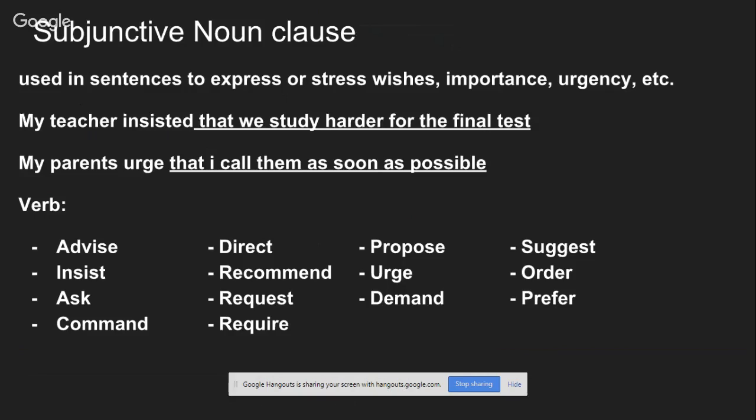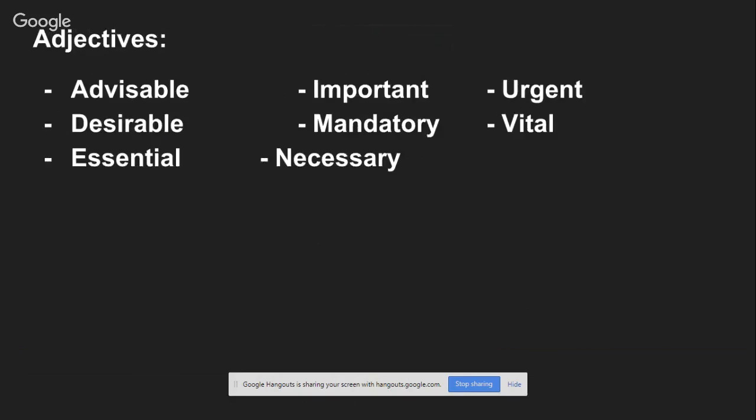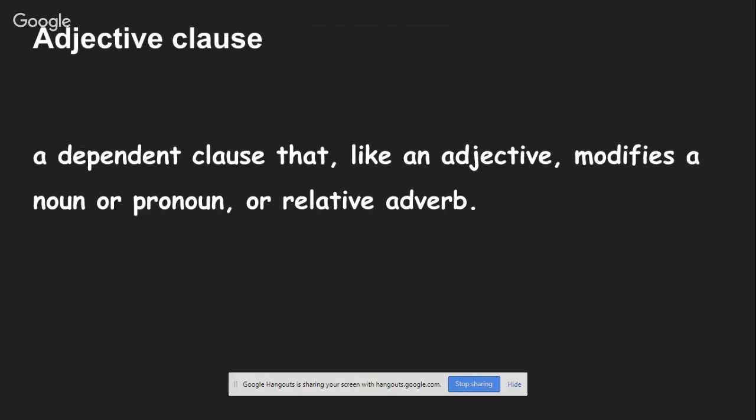And it's not only verbs, but some adjectives you can use in a subjunctive noun clause as well: advisable, desirable, essential, important, mandatory, necessary, urgent, and vital.